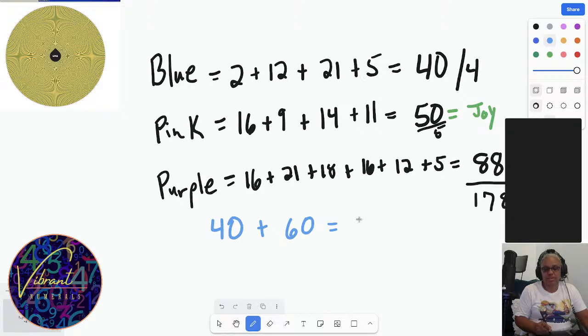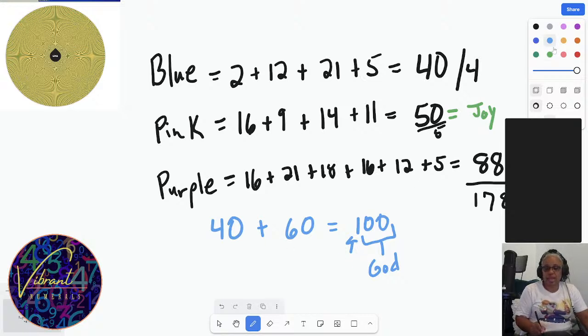And so then that gets us 100. So when I'm interacting with the color blue, I'm drawing in a bunch of that God energy or that universal energy that I have no control over, and I could use blue to help bring in a new energy.